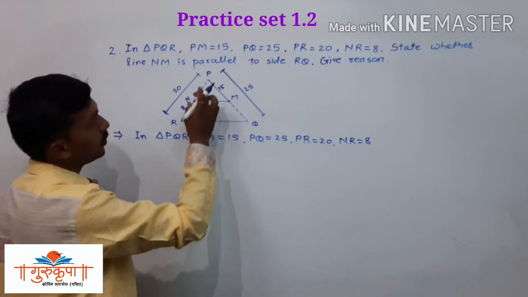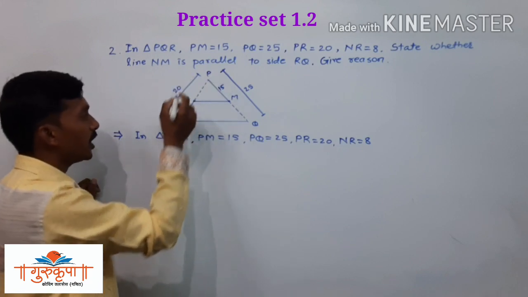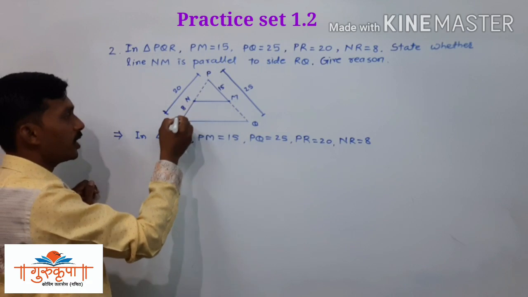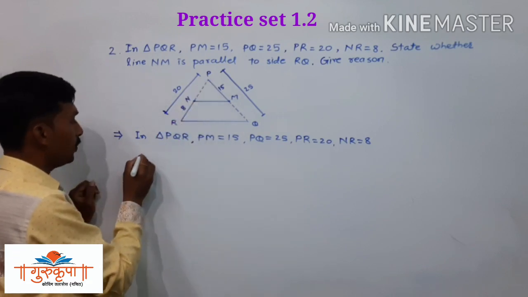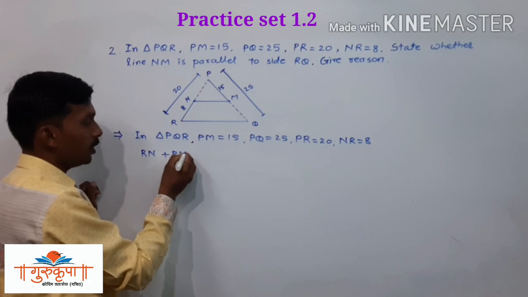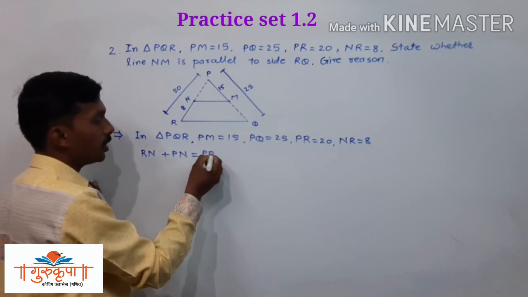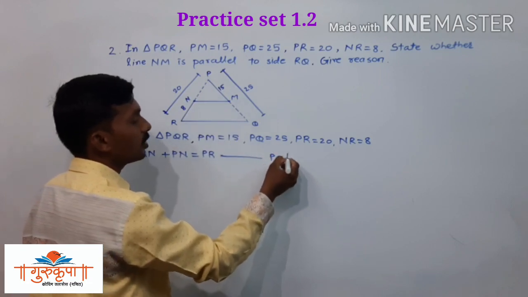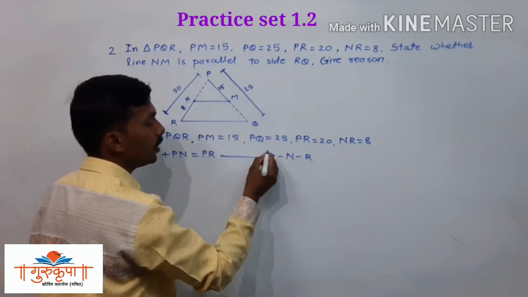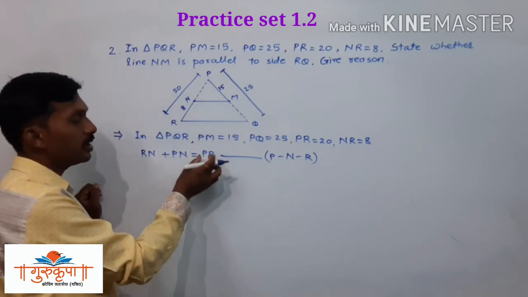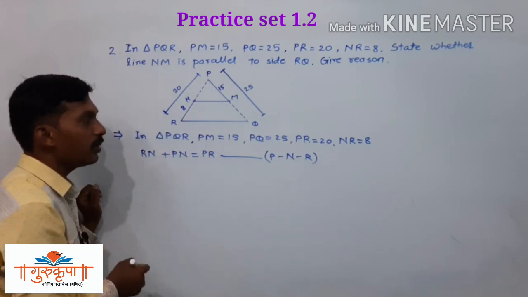So first of all we have to find PN. You can write here: N is in between P and R. Directly you can write RN plus PN is equal to PR, and the reason is N is in between P and R. Using the relation of betweenness, put the values there.